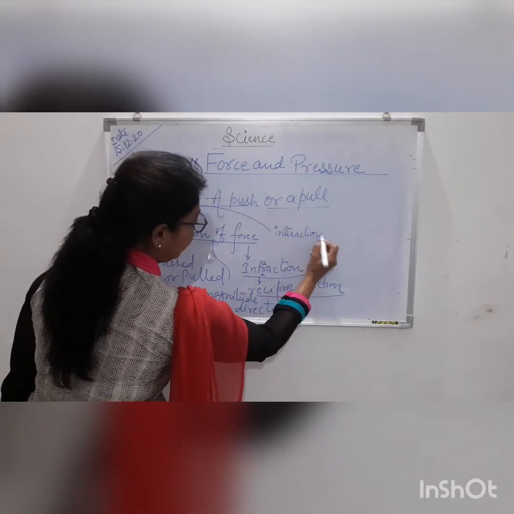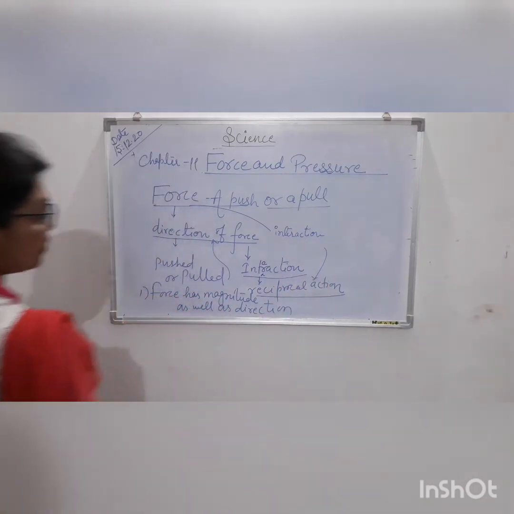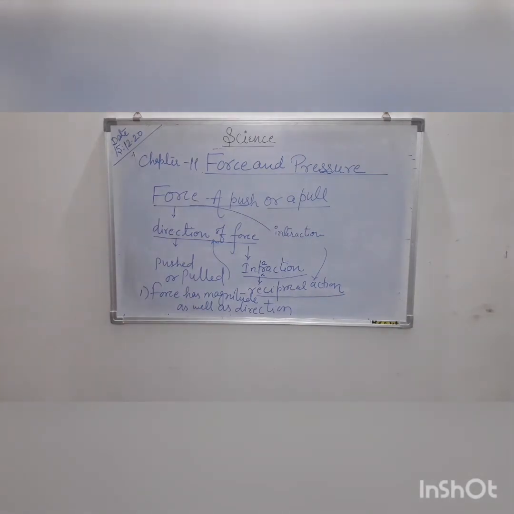What is the meaning of interaction? That is the reciprocal action. Means two objects are there and forces come into play when two objects interact with each other. Suppose, for example, a car is standing and a man is standing behind the car. So, what do you think? Will the car start moving? Of course not.